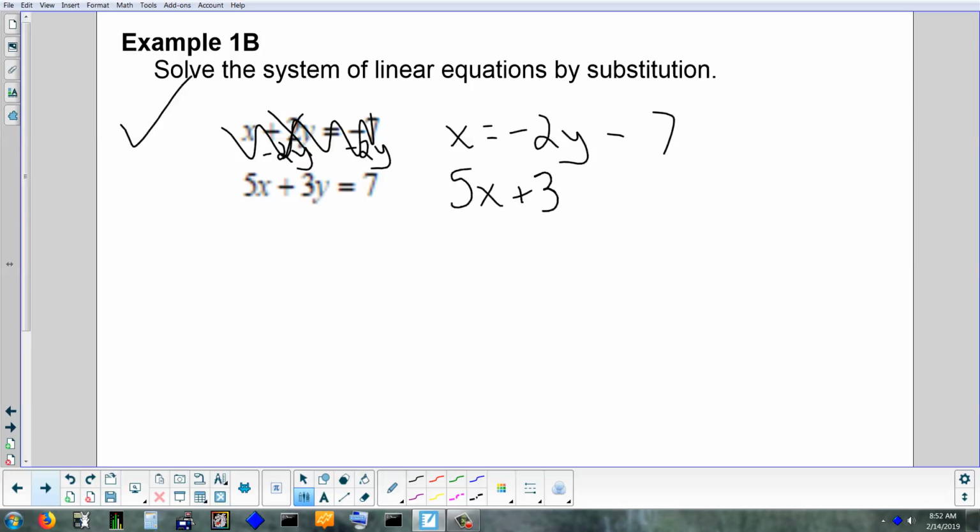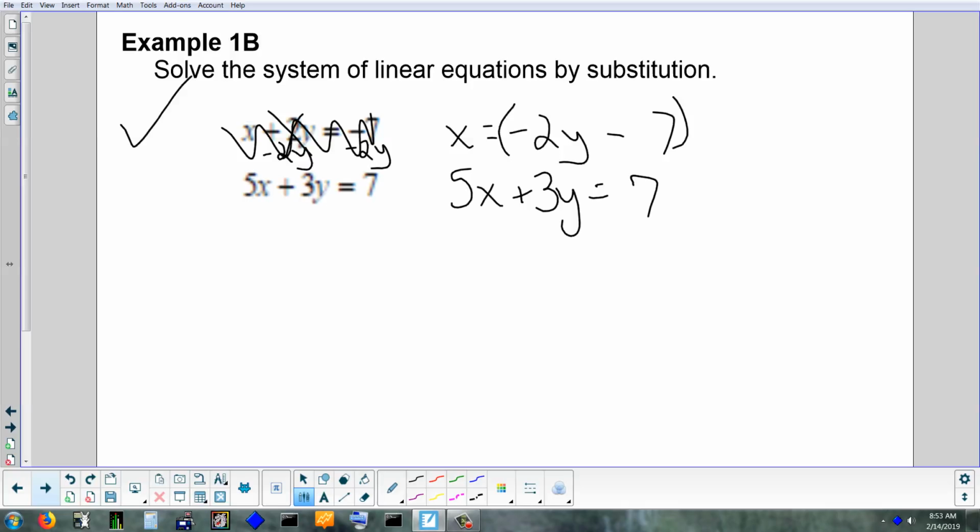I'll take my bottom one. 5x plus 3y equals 7. I got to put parentheses now, right? Catherine, what am I putting parentheses around? Perfect, right? Because the x is isolated. Brady, in the other equation, what am I putting parentheses around?